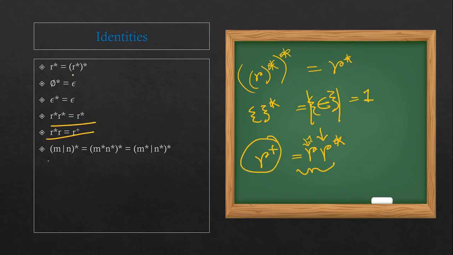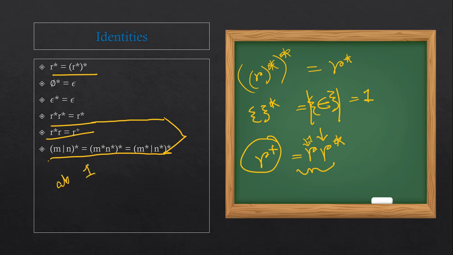Now this one here is pretty similar to this one, and this one is saying m or n whole star is equal to m star n star whole star is equal to m star or n star whole star. So I'm keeping these 2 for yourself. I want you to verify this. Take any expression for m. Let's say m is ab and n is 1.